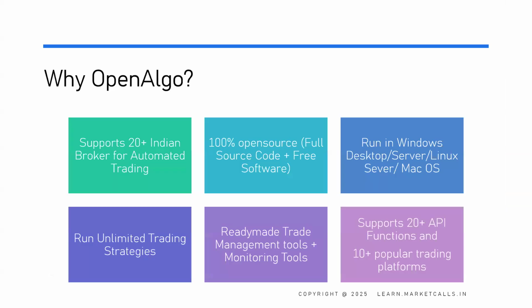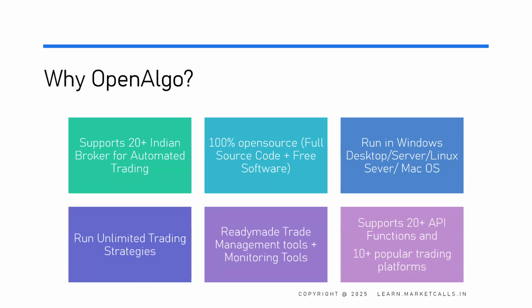Why OpenAlgo? It supports 20 plus Indian brokers. Most of the popular brokers are already onboarded, and there are more broker integrations in the pipeline. The best part is it is 100% open source, meaning you get access to the complete source code, plus free software, so there is no month-on-month subscription. You own the code, you own the software.